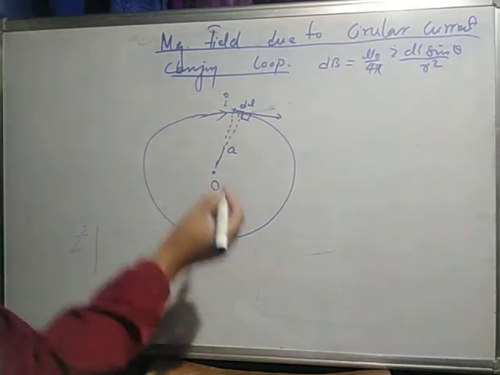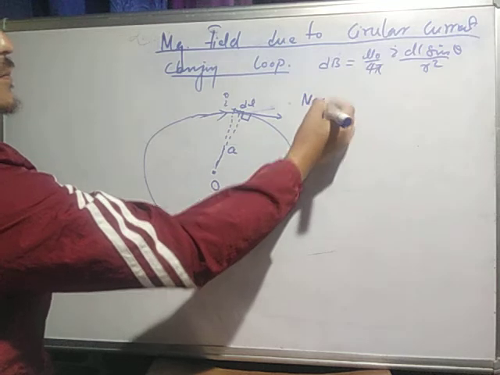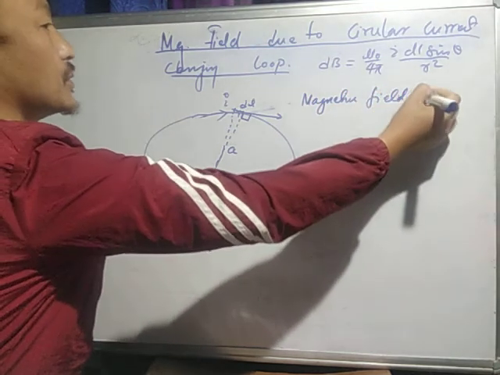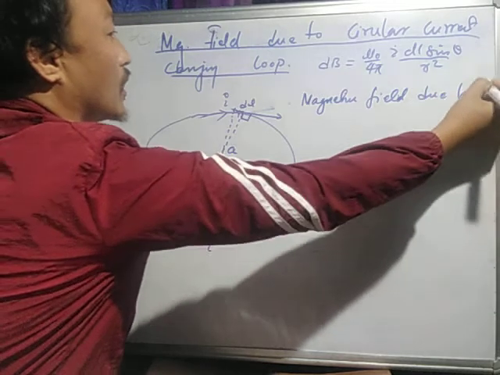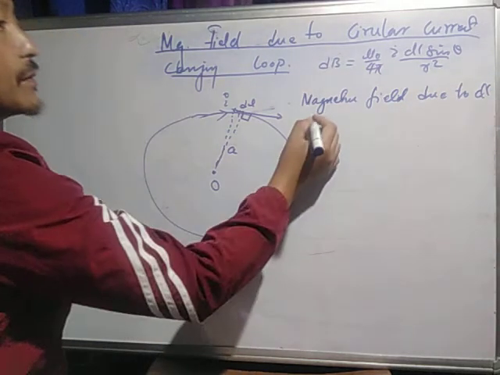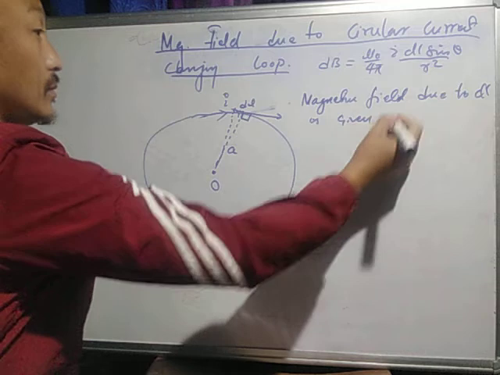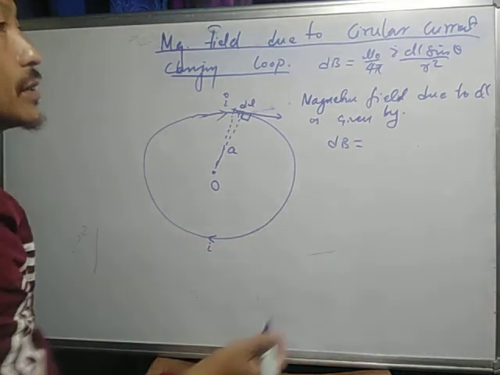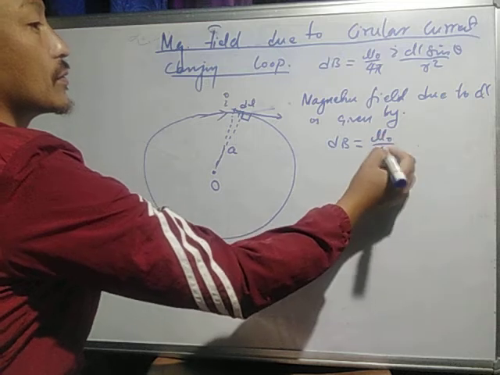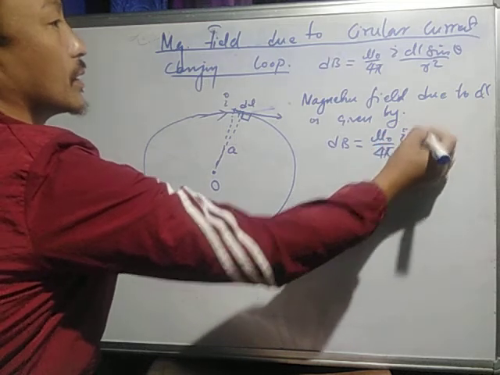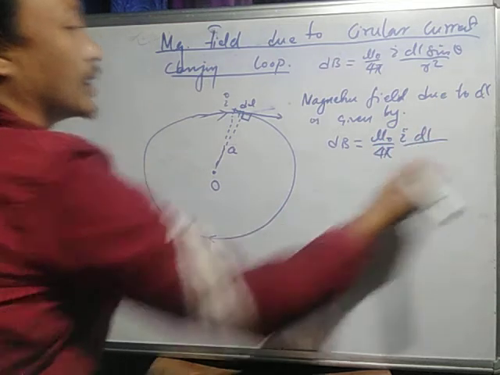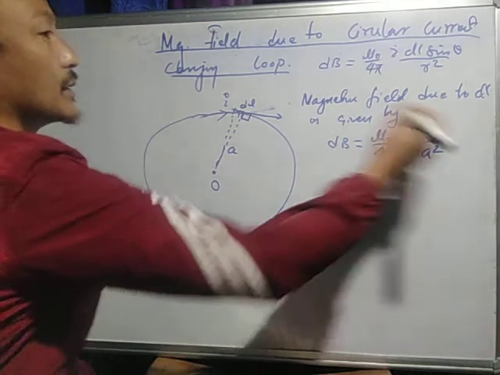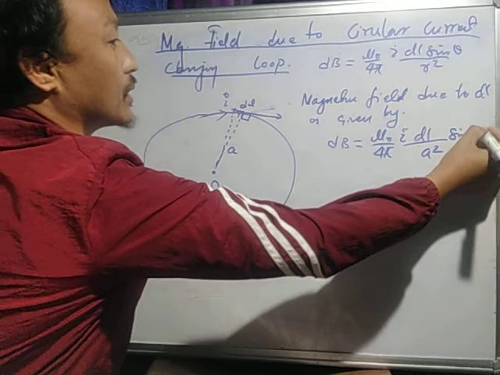So start. Magnetic field due to a small element dl is given by how much? This one, isn't it? So dB equals to mu naught by 4 pi I dl by, here we have r as a, so a square sine how much? Sine 90 degrees, isn't it?